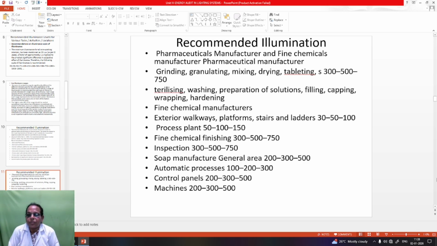Recommended illumination for pharmaceutical manufacturing and fine chemical manufacturing. Pharmaceutical manufacturing: grinding, granulating, mixing, drying, tableting, 300, 500, 750. Fertilizing, washing, preparation of solution, filling, capping, wrapping, hardening.